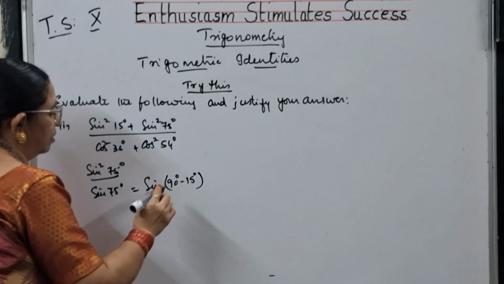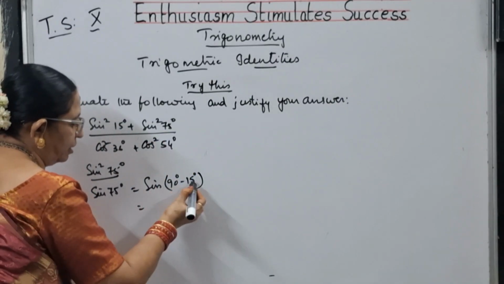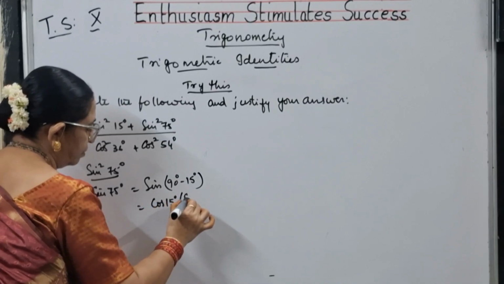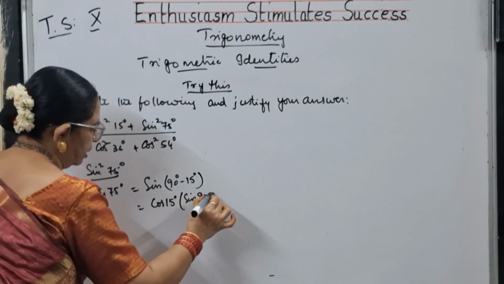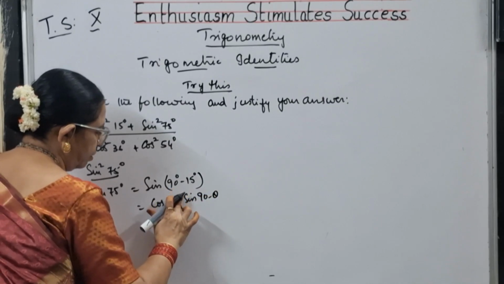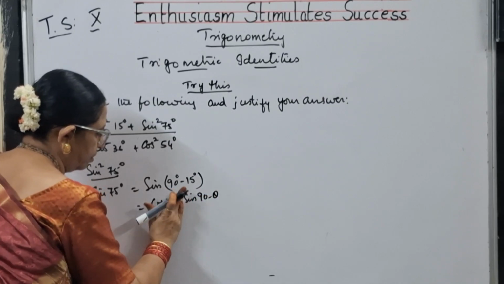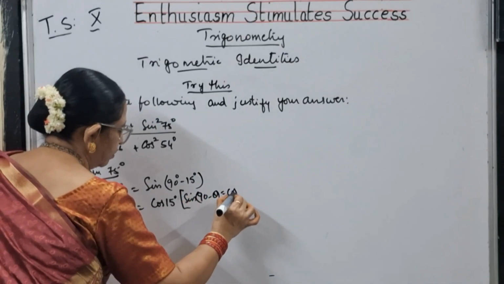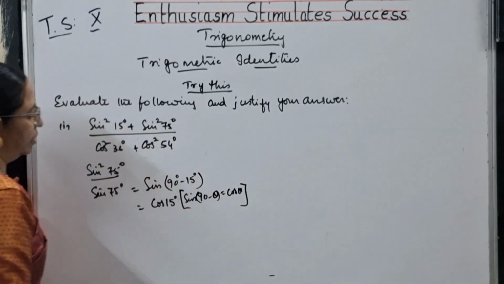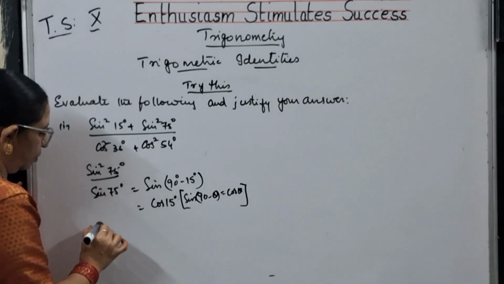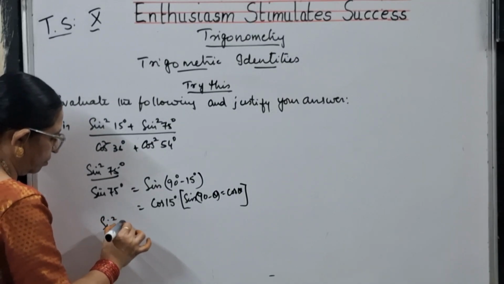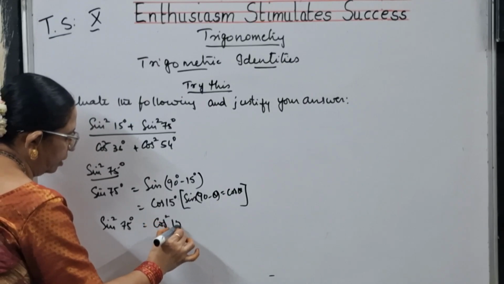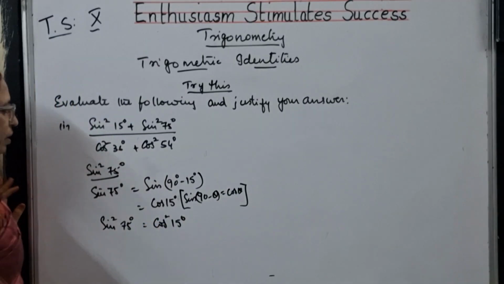So sin 90 minus theta is cos theta. This is the formula that we have used. So sin square 75 degrees is nothing but cos square 15 degrees.